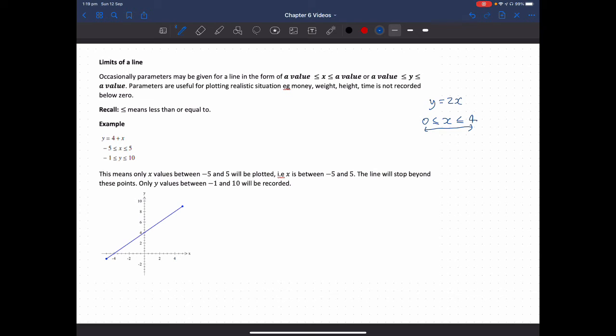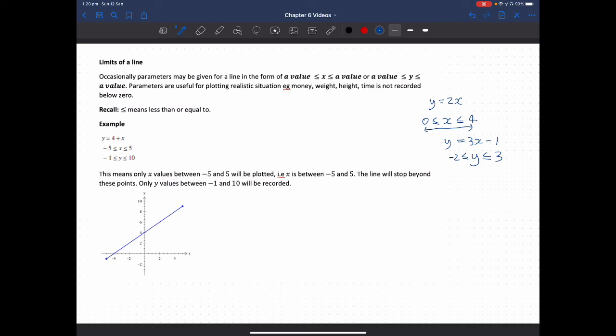It cannot be a number smaller than 0. It cannot be a number bigger than 4. Similarly, we may limit the y values. So if we had y equals 3x minus 1, we might say that we have negative 2 less than or equal to y less than or equal to 3.